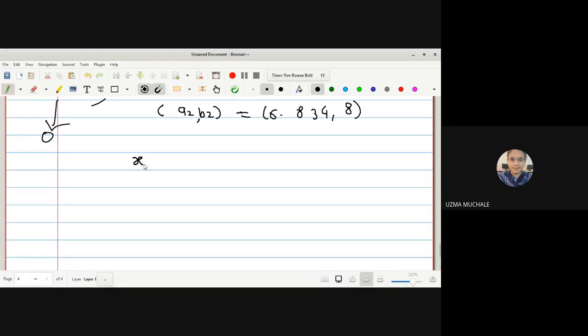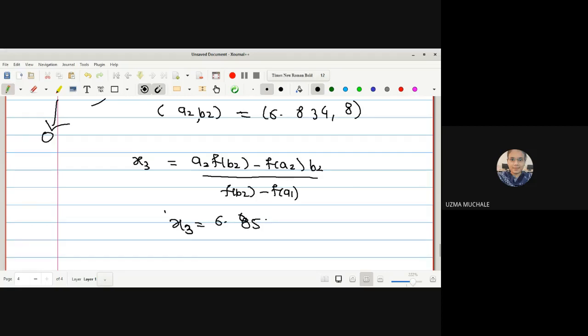Now x3 is equal to a2 f of b2 minus f of a2 b2, divided by f of b2 minus f of a2. Let me calculate the value. It is 6.85 something.